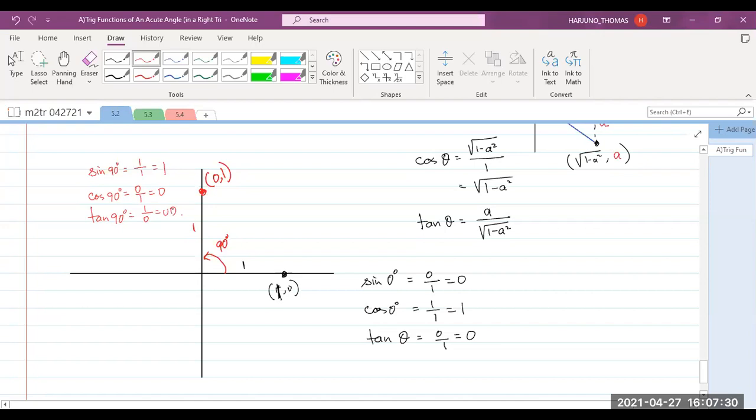Now, using this technique, we are able to find the value of sine, cosine, tangent for 0 degrees, for 90 degrees, for 180 degrees, whose coordinate correspond to that is negative 1, 0, right? Okay. And sine, cosine, tangent of 270 degrees, whose coordinate correspond to that is 0, negative 1.